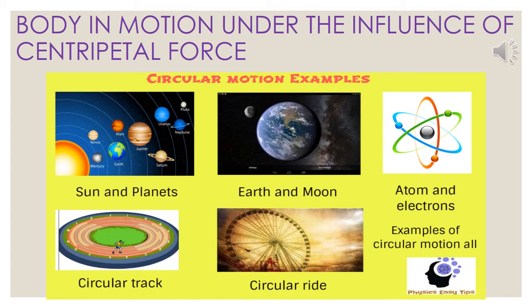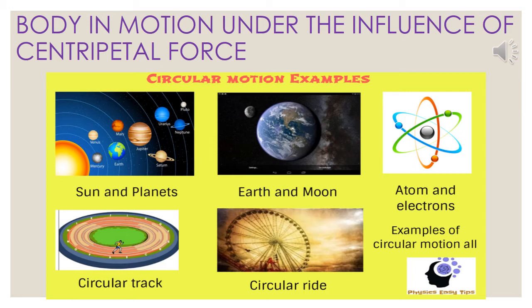The moon moves around the earth in a circular path for which the gravitational force of attraction on the moon by the earth provides the required centripetal force. Same way, when a stone tied at the end of a string is rotated in a circular path holding its other end in the hand, the tension in the string provides the necessary centripetal force.